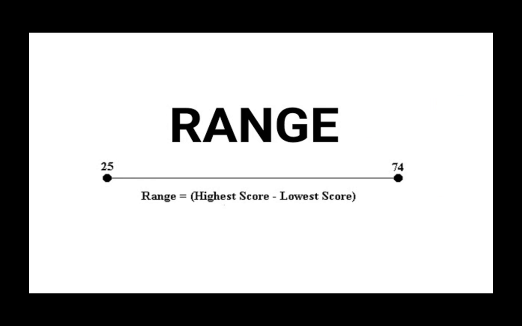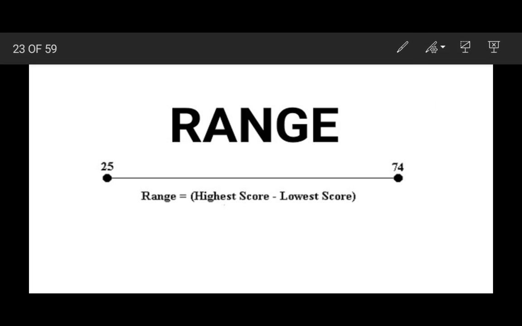Now let us start with the first absolute measure of dispersion, and that is range. Now you are very clear about the range. We all know what a range is. Range is the spread of data. In a very simple way, range is the highest value minus the lowest value.